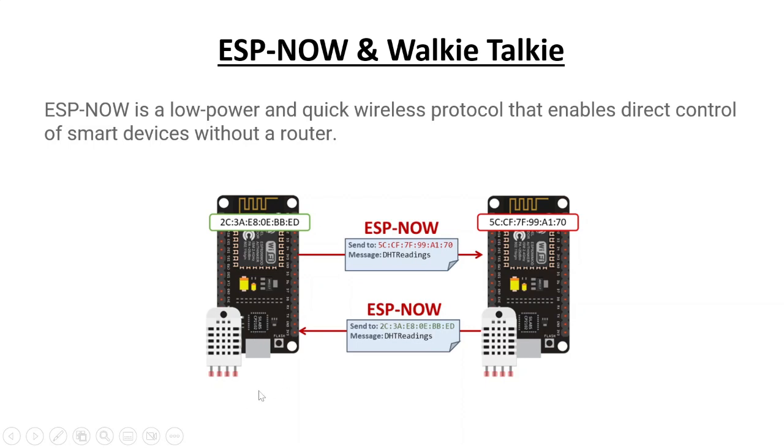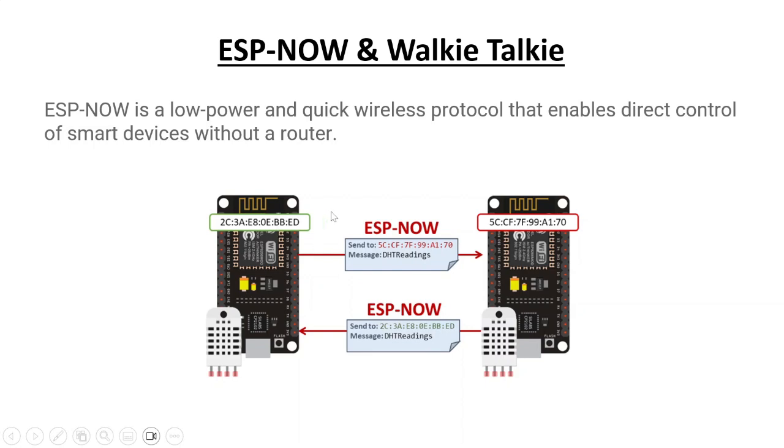Let's suppose that this is ESP1 and this is ESP2. There are addresses called MAC addresses, meaning the address that tells that this is the code of that device. These are unique.